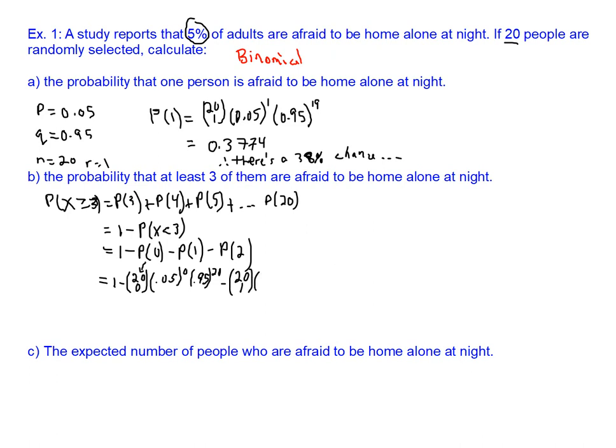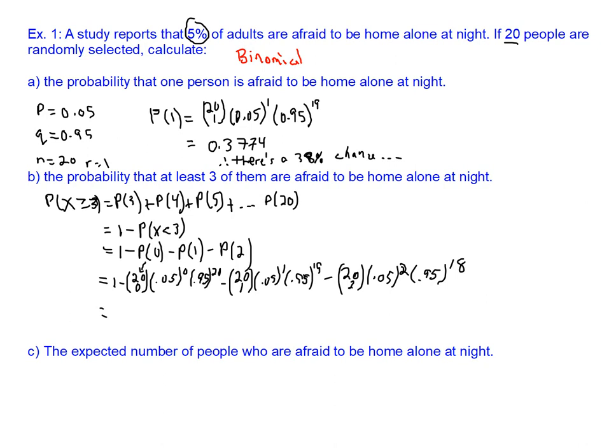We have 1 success, so 0.05 to the 1, and 0.95 now to the 19. So that's 1, and then we do 2 times 0.05 squared. Sorry, that's a 2. And 0.95 to the 18 now, because if there were 2 successes, there must be 18 failures. And you can plug that all into your calculator.